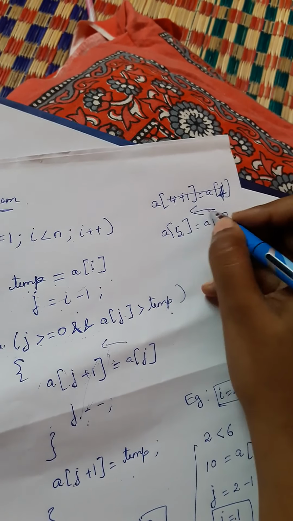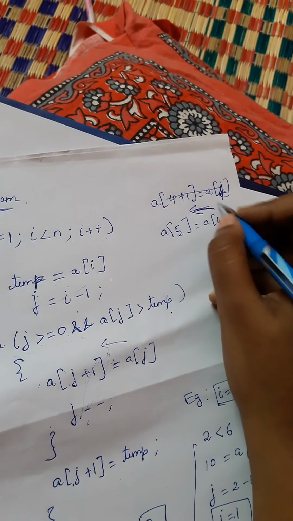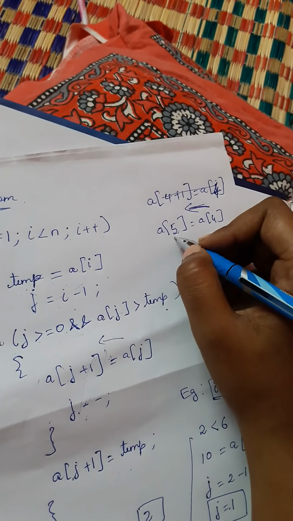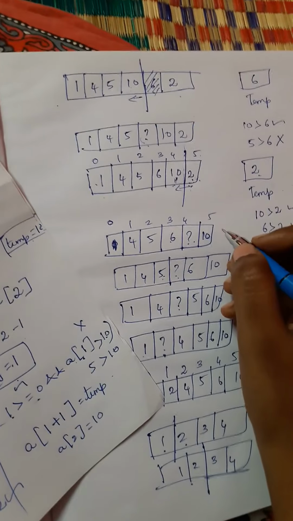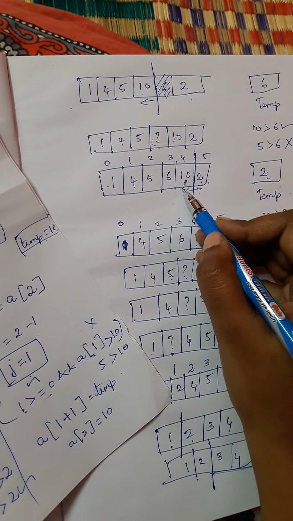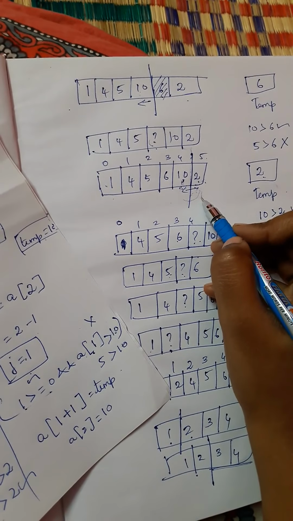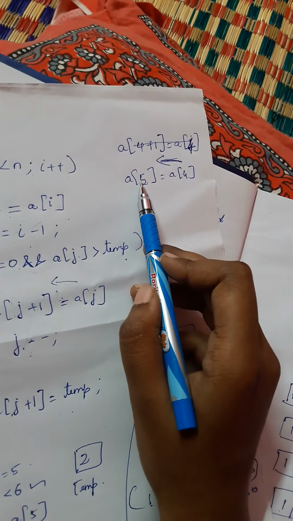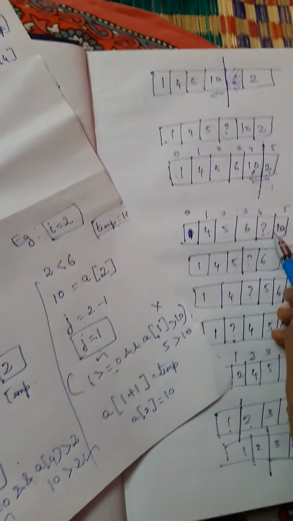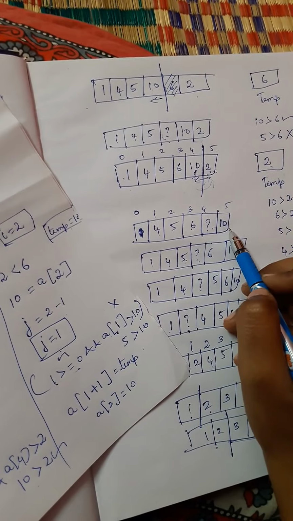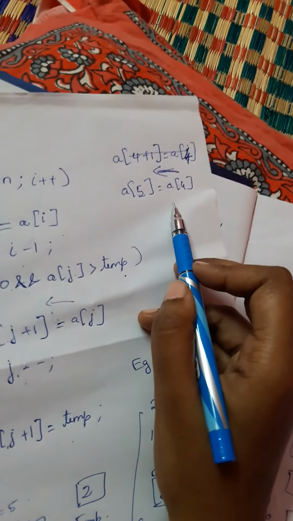So the value at A of 4 will be written at the A of 5 position. What is the value at A of 4? 10. So this value will be shifted one position forward. That only we have said. So the A of 4 value is shifted one position forward, and this we have done here. That statement is what we have written.